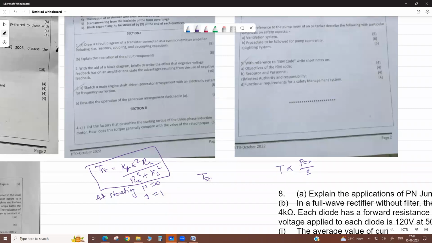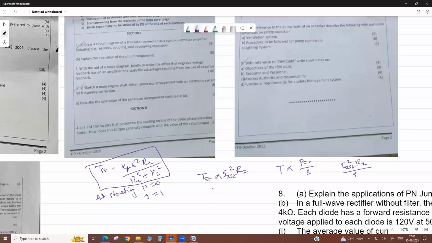Then at starting, the copper loss is the starting rotor current, I2ST square, R2, divided by slip. At starting, slip is 1, so it is directly proportional to your starting current and rotor circuit resistance. Then your starting power factor.